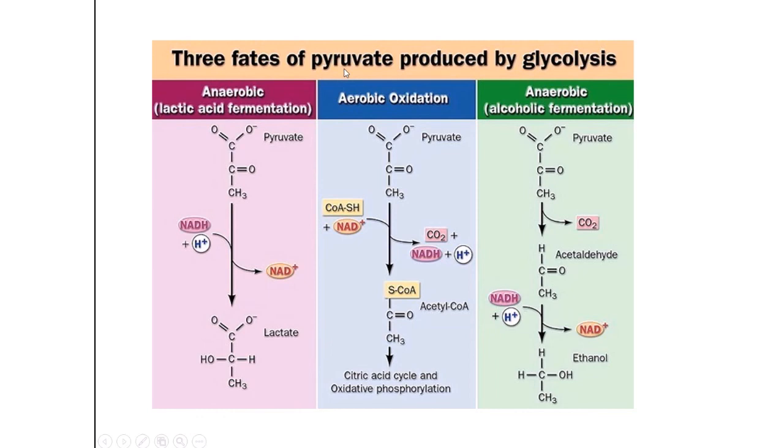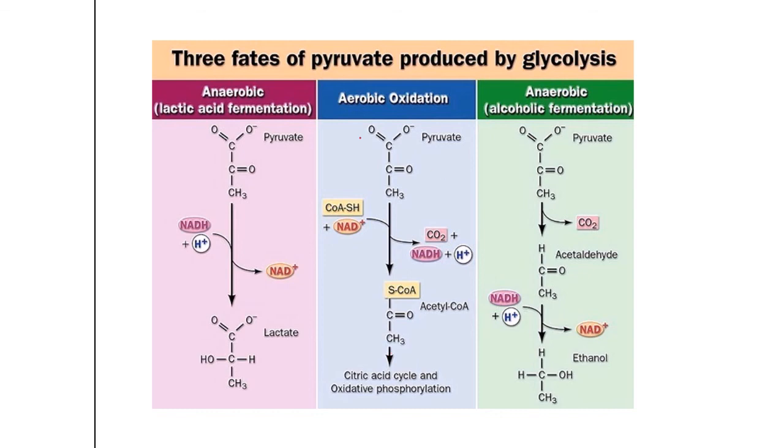So the three fates of pyruvate produced by glycolysis, right? If you have adequate oxygen supply and you are eukaryotic cells, with all the machinery required for the next few steps, then you will be doing Krebs cycles as well as oxidative phosphorylation.